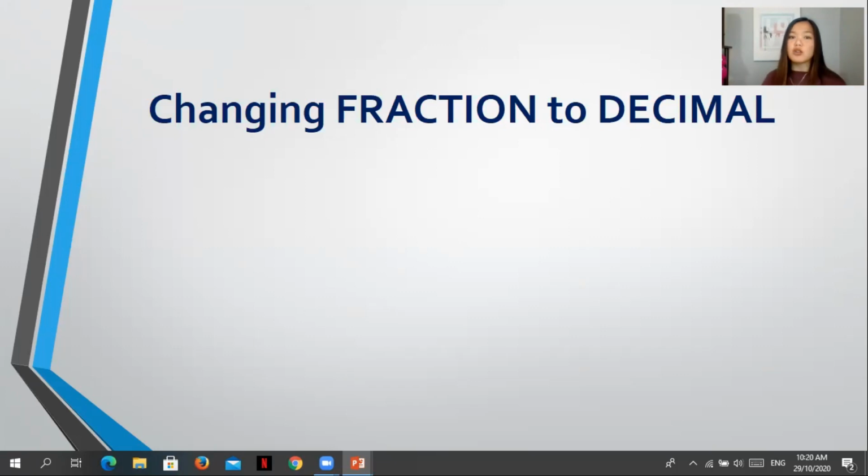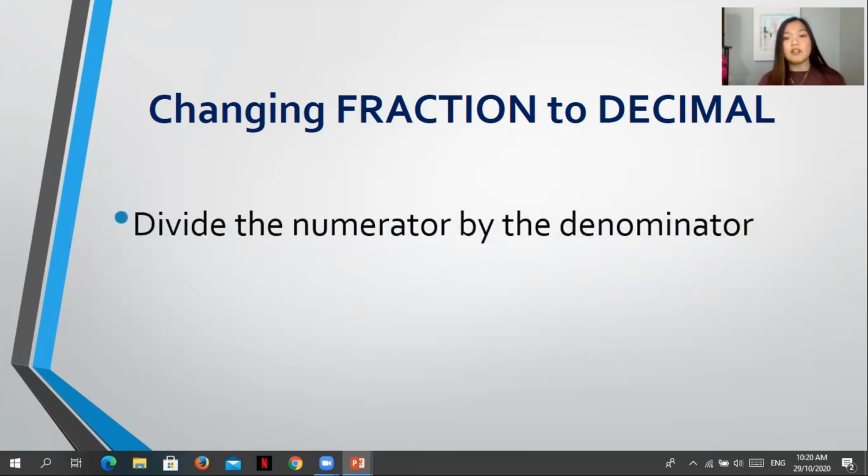Now, changing fraction to decimal, in your module may iba't ibang paraan. But in my own ways, I am just going to divide the numerator by the denominator in any kind of fraction.